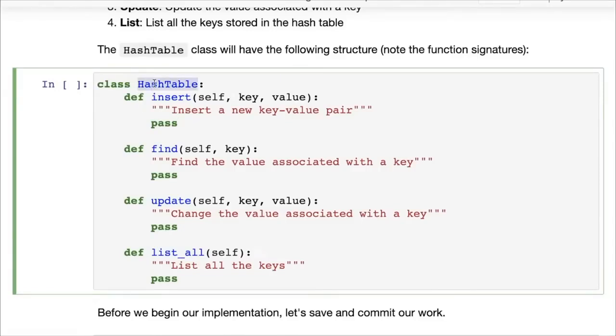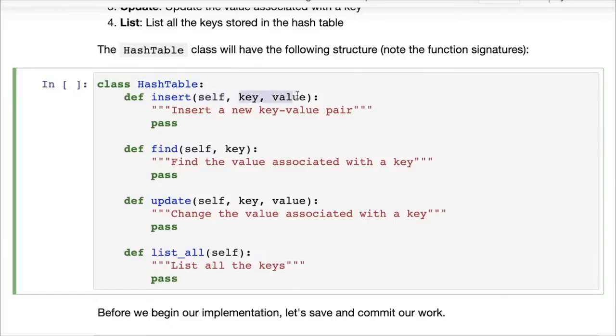You have the class hash table, and inside it you have a bunch of methods. The insert method, apart from taking the self argument, takes key and value. Remember that the self argument refers to the object of the class that will be created, so this is equivalent to the this variable in Java or C++.